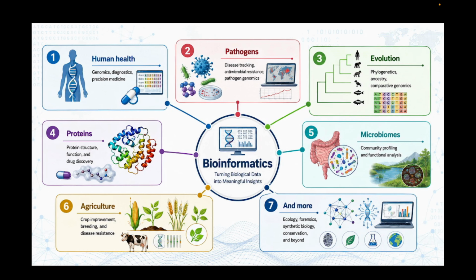In microbiome research, bioinformatics helps us characterize the complex microbial communities living in humans, animals, and the environment. Then in agriculture, genomic information can support crop and livestock breeding, disease resistance, and the development of more resilient varieties. And these are only a few examples.